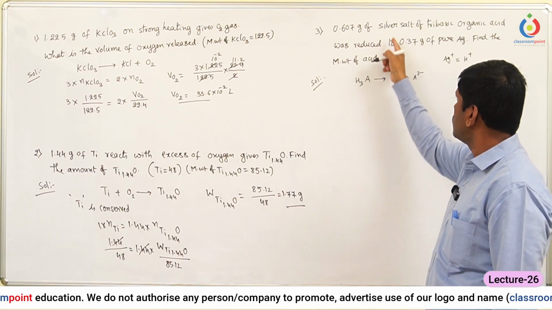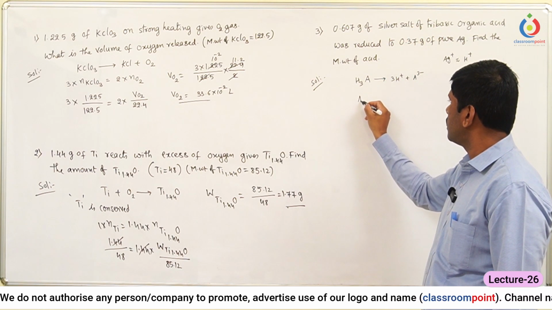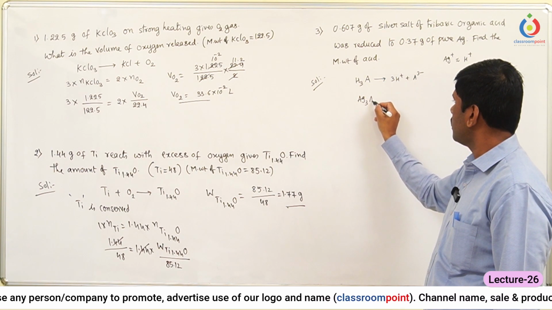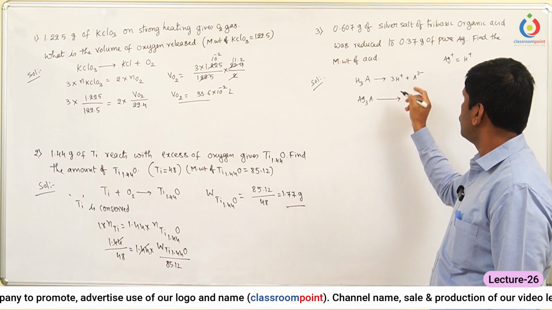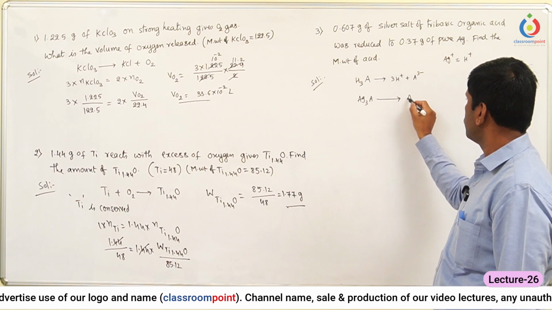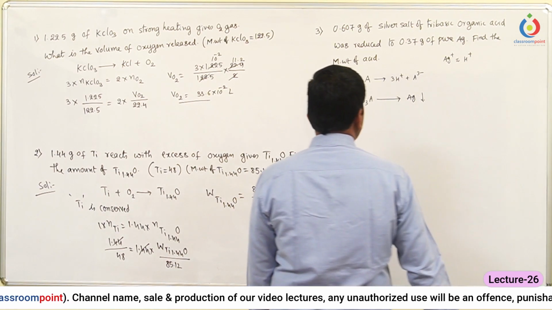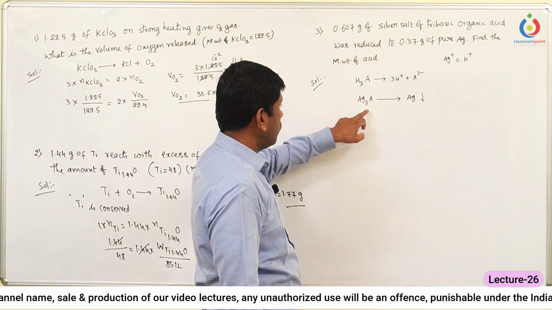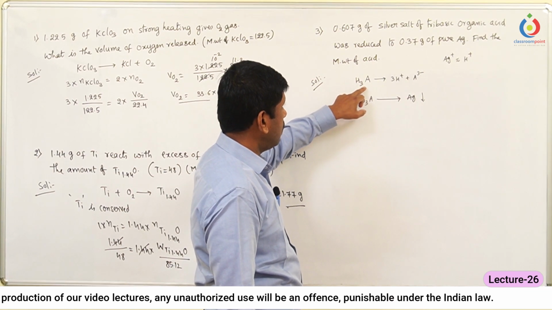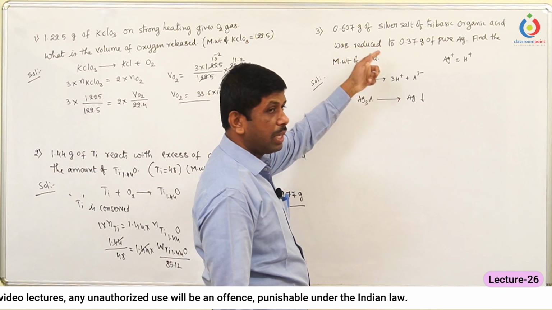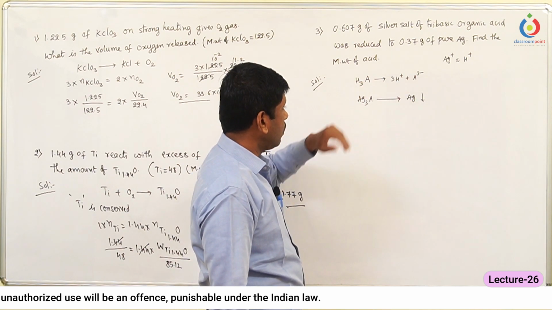So the formula of the silver salt of the tribasic acid is Ag3A. So this was reduced to pure silver. Then they're asking, find the molecular weight of the acid, not the salt. So we have to calculate it.